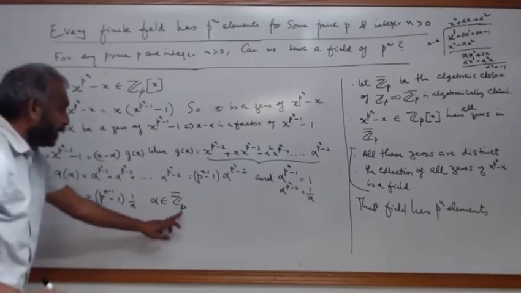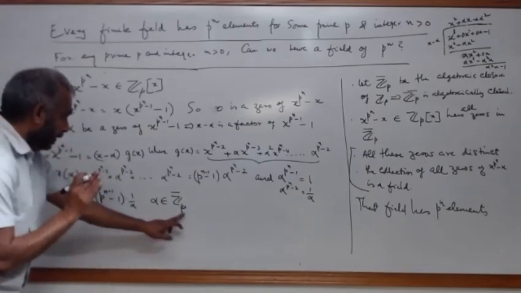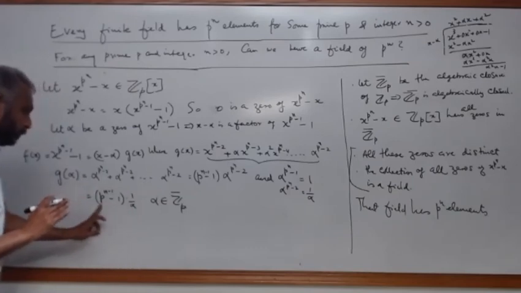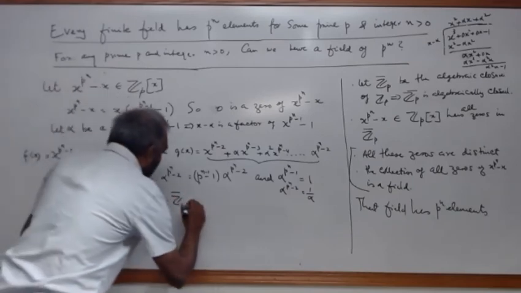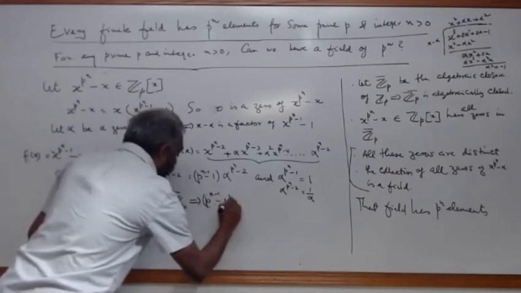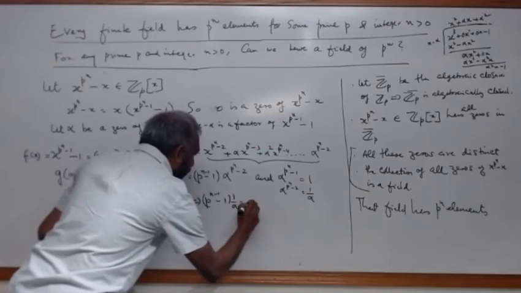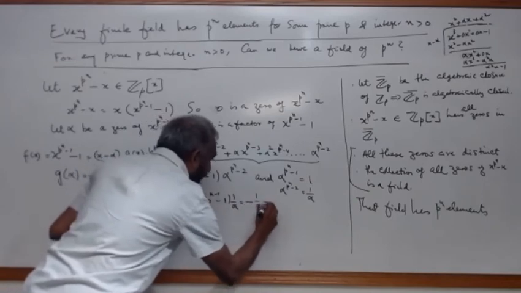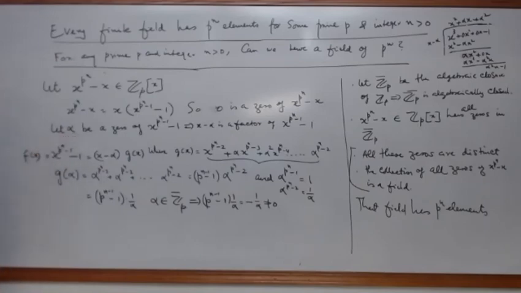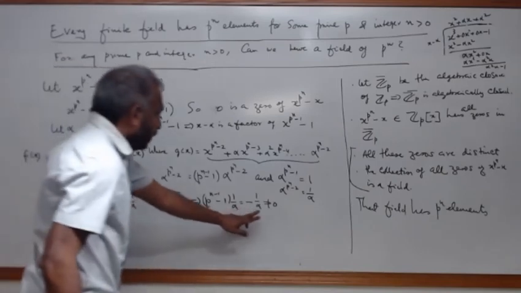So this is actually of characteristic p. So when you multiply, this one will become 0. So that implies p to the power of n minus 1 of 1 by alpha is equal to minus 1 by alpha. Cannot be 0 because alpha is different from 0. Because we already took 0 here. So alpha cannot be 0.